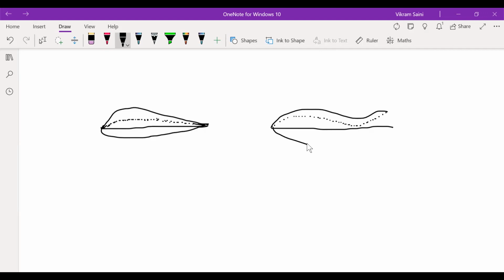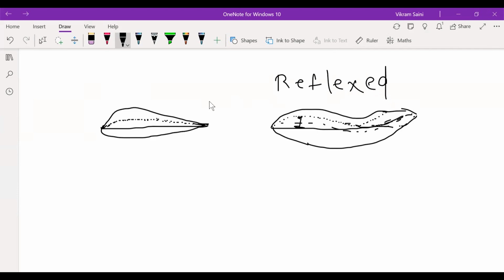I'm showing it exaggerated so that you get a sense of what kind of airfoil this is. At the back, the camber starts to increase. So it goes close to zero and then it starts to increase. The camber is basically the distance between the chord line and the camber line. So that's what happens in the reflexed airfoil. Now you got the idea? Yes, sir.